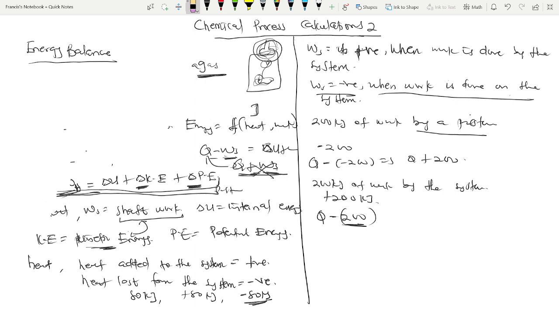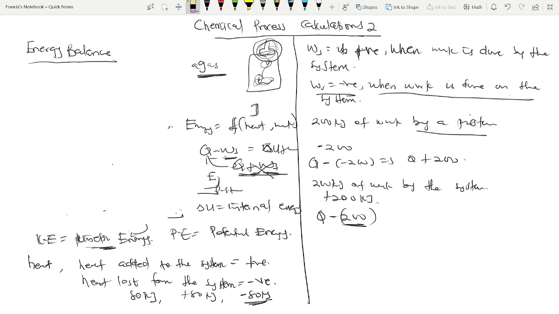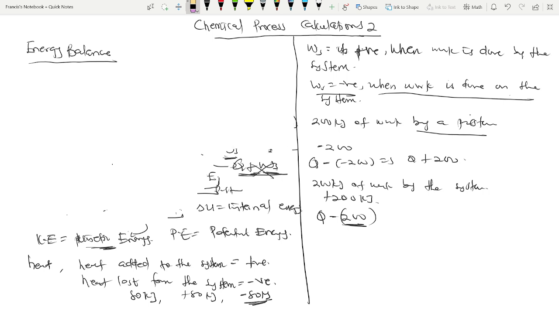Now an open system refers to any system that allows the exchange of both mass or material and energy. With an open system, it allows both material and energy to be exchanged. But the closed system allows only energy to be exchanged. There's no exchange of material. I guess you know the difference between the two.